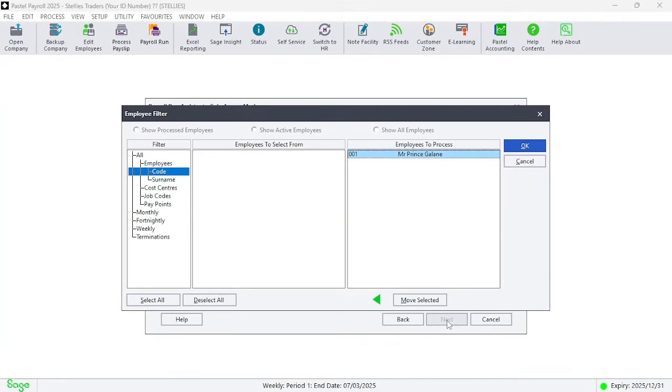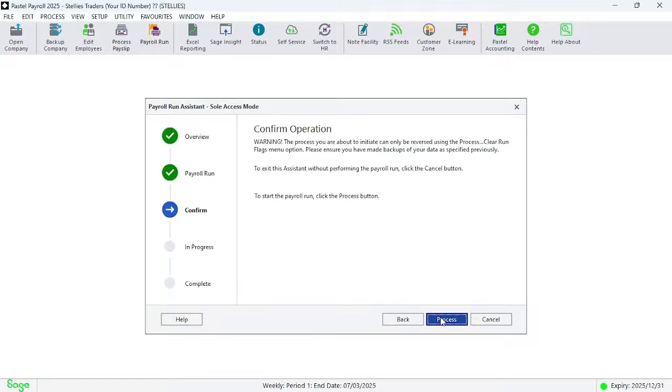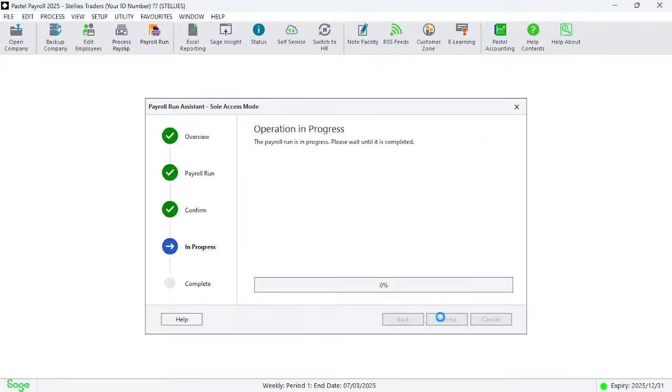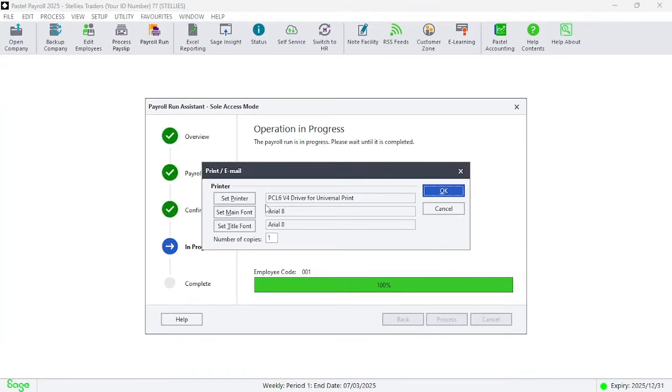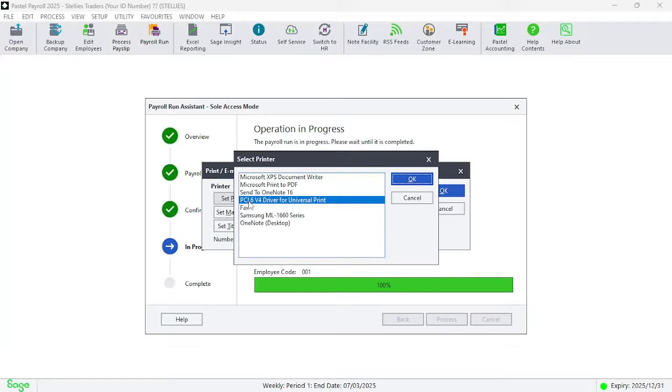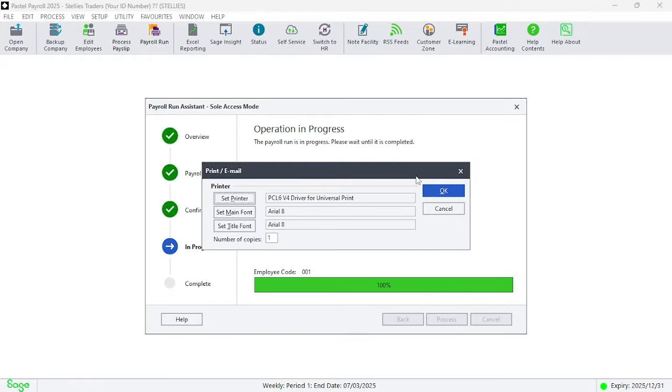You see how accurate things are, because there's no Mrs. Dubé here simply because she's not eligible. That's good for us. Now we're going to click OK, go next, and we're going to process this payslip. There it is now coming up, and we're then going to print this work that we've got. Print it, and we're good to go.